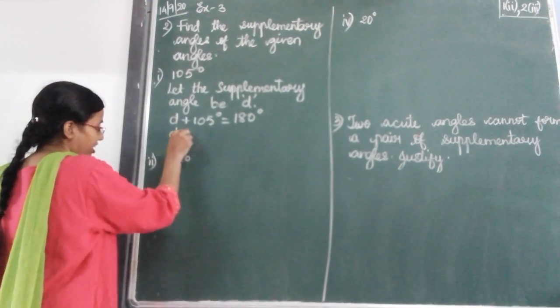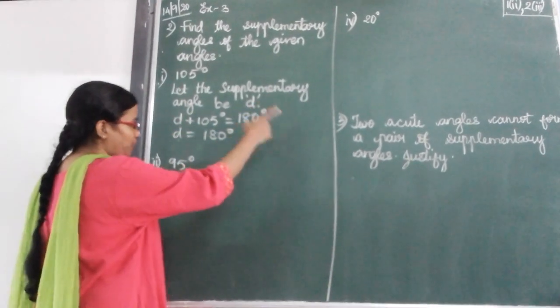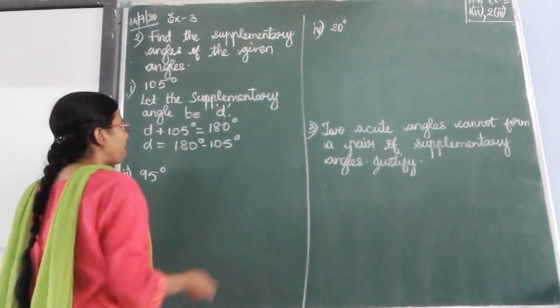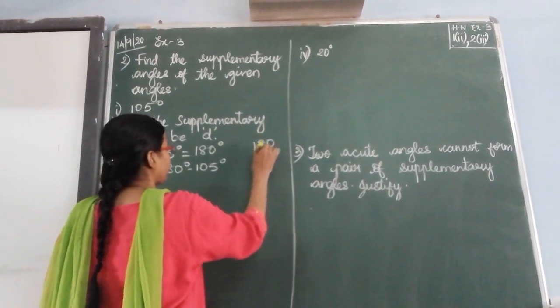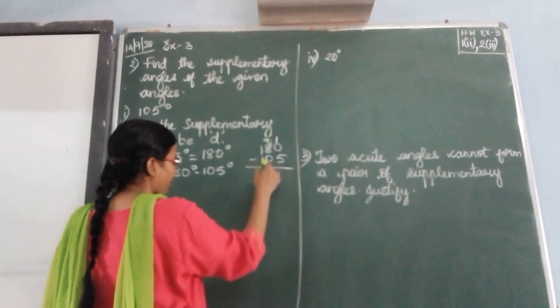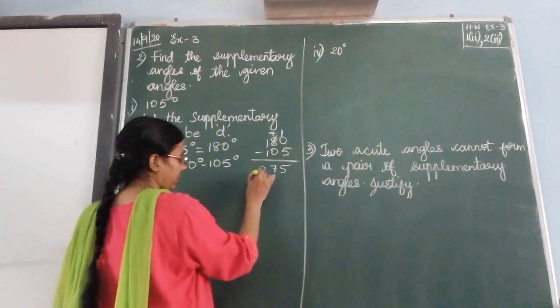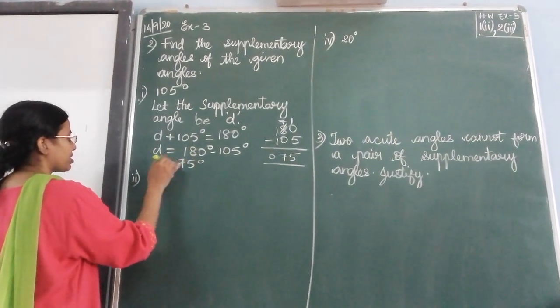So here D is equal to 180 degrees, addition, when it is transposed to the other side, it becomes subtraction, minus 105. Now 180 minus 105, subtraction. This is 7, 10 minus 5 is 5. This is 7. 1 minus 1 is 0, so it's 75 degrees.